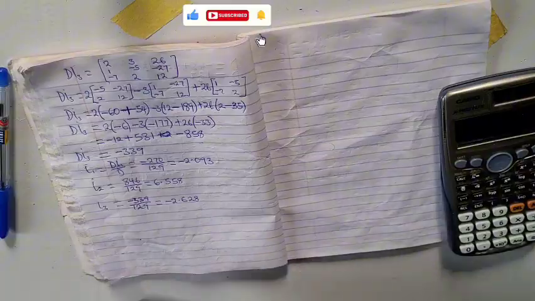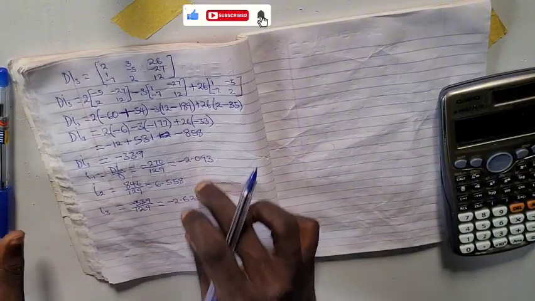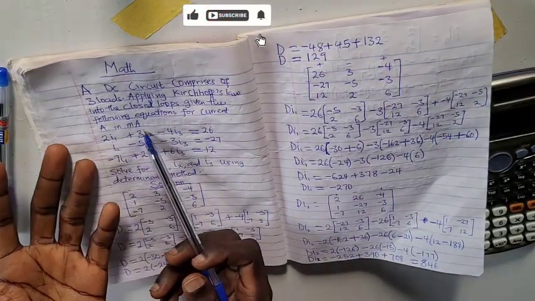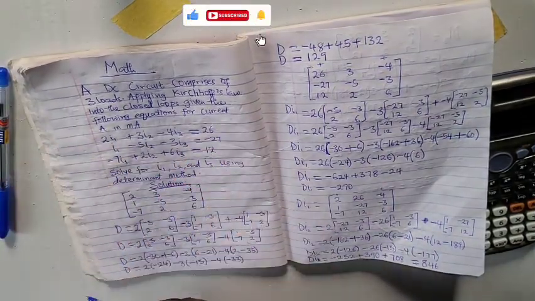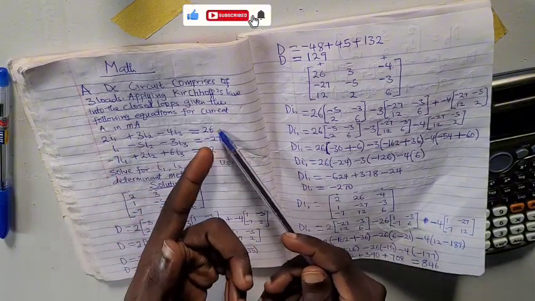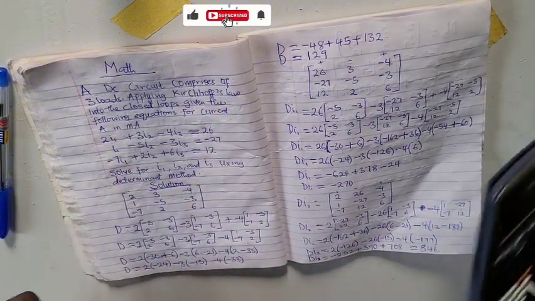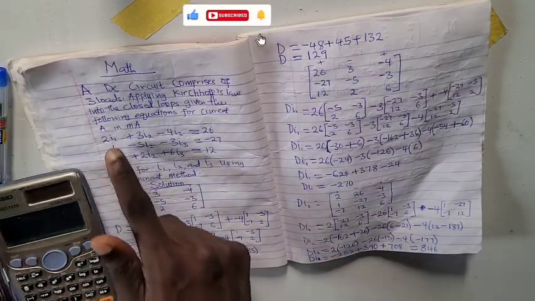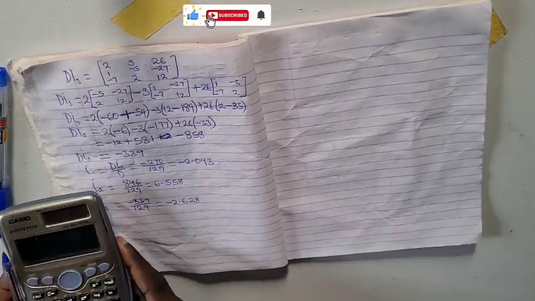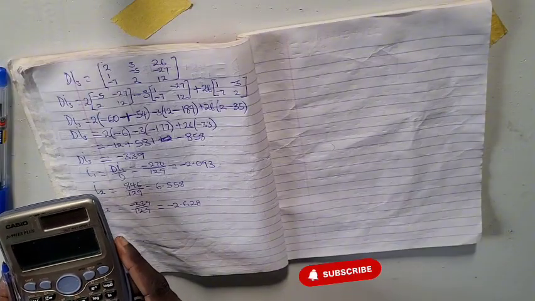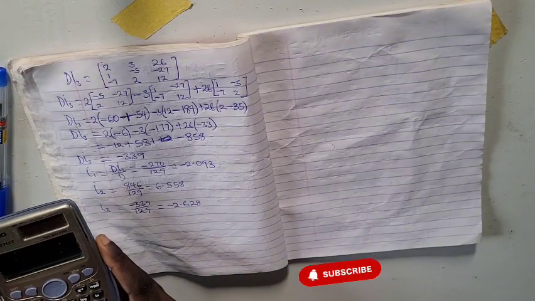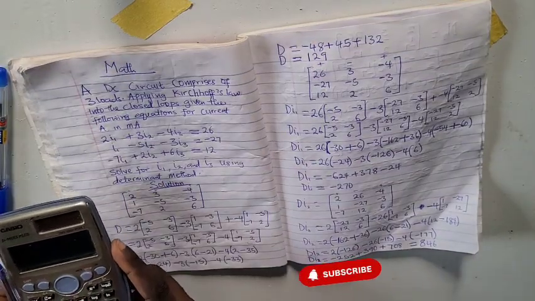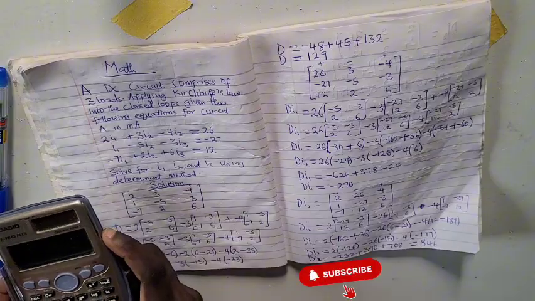Let's check whether what we have done is correct or not. So substitute all these values into the equation. Let's substitute it into maybe equation 1 and see whether we arrive at 26. So we have 2 into brackets. What's our I1? Minus 2.093, close the brackets, plus 3 into brackets.